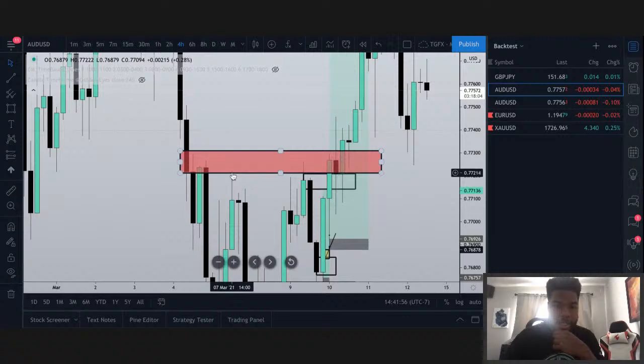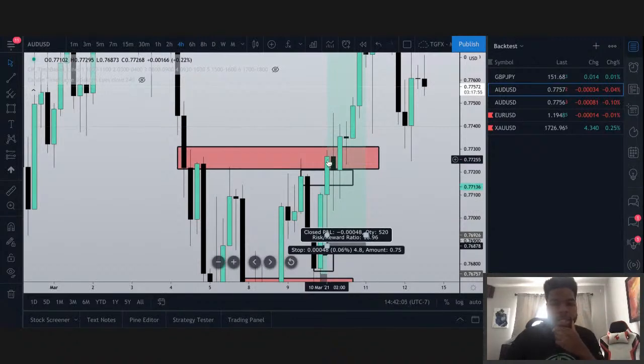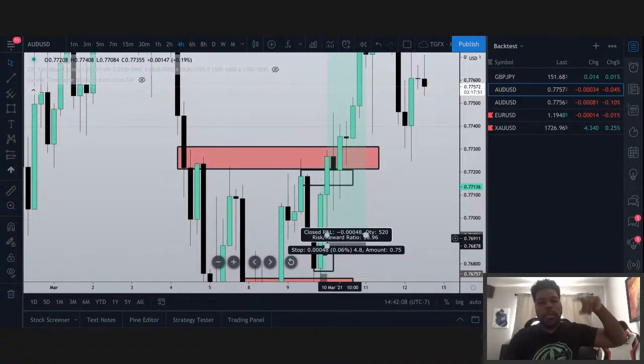For an example, here you see how it wicked and dropped, wicked and dropped. That's showing you that price is still respecting that zone. But once we start closing candlesticks into it, that's telling us that we're potentially going to build up higher lows and momentum to break through this zone. Okay.